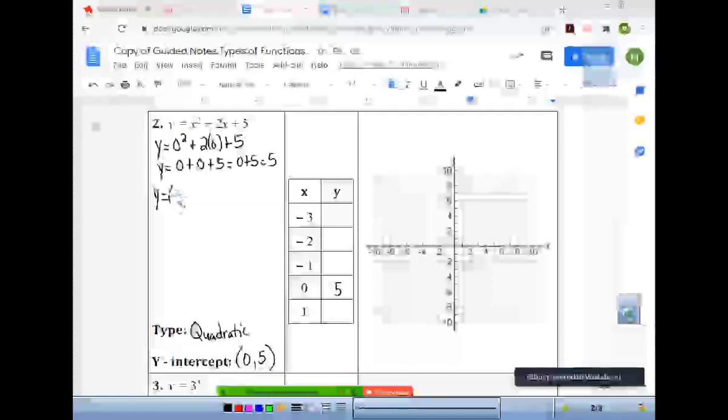So we'll start with -3. So -3 goes in. -3 squared. What do we get? 9. Right? Make sure you remember, anytime you square something, it's always positive.